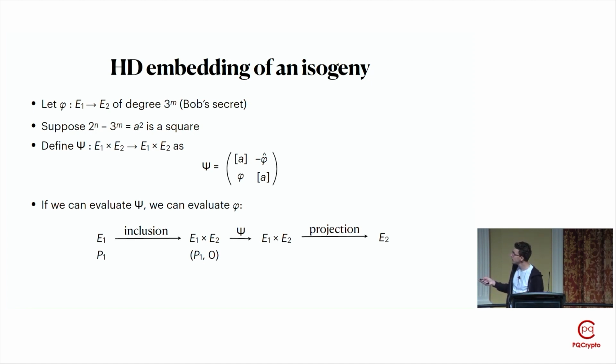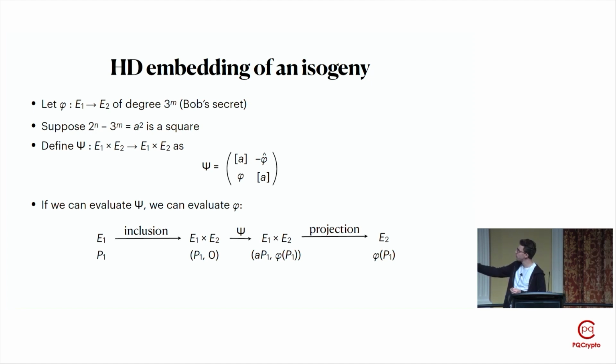Now you apply psi, and this is just a matrix vector multiplication. And just looking at this matrix, you would get to aP1 and phi of P1. Phi of P1 is indeed in the second component E2. And then you project to the second component, you get phi of P1. So this says if you can evaluate this map in the middle, this big psi, then you can evaluate phi, which is Bob's secret.